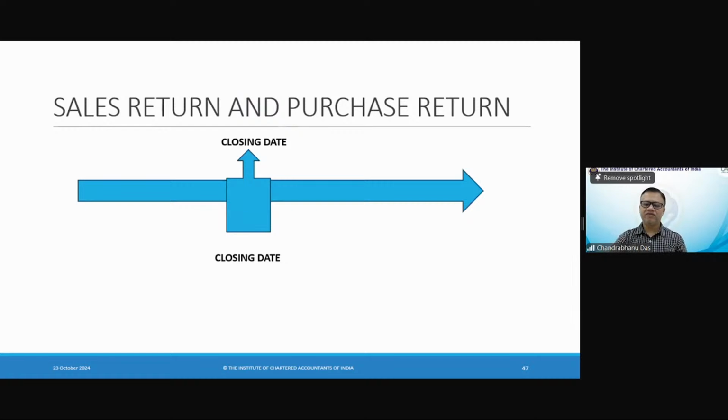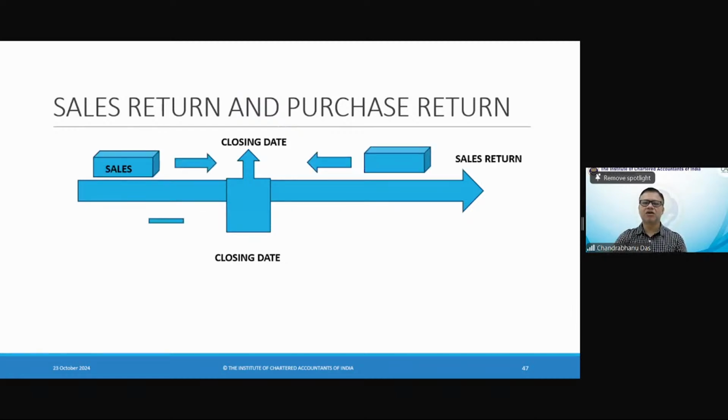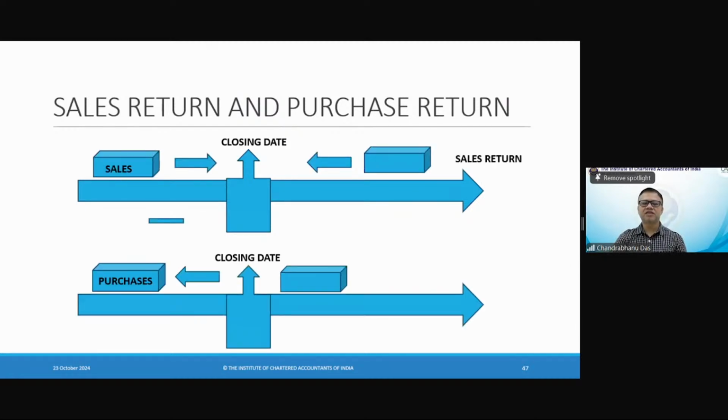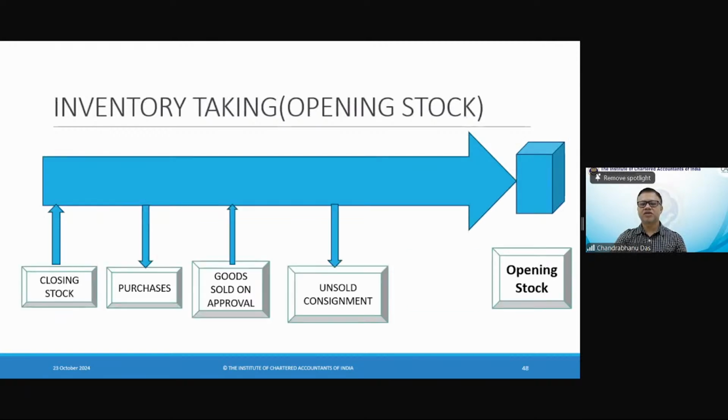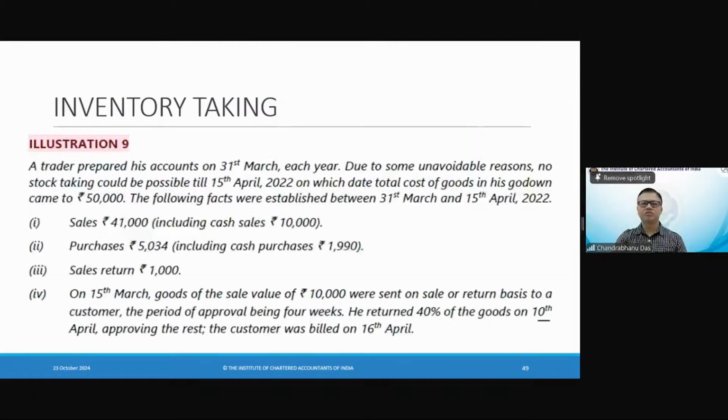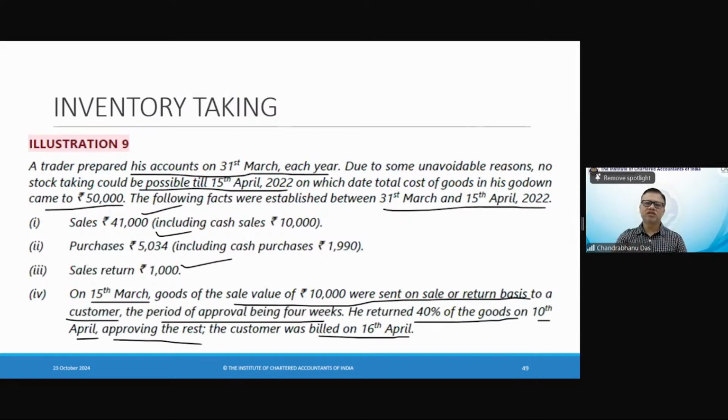Then we talked about sales and sales return, and purchase return. This is what we talked about regarding the opening stock. Suppose you have goods sold on approval and unsold consignment, how do you treat them? You can practice your problems based on this type of flow chart and these equations.